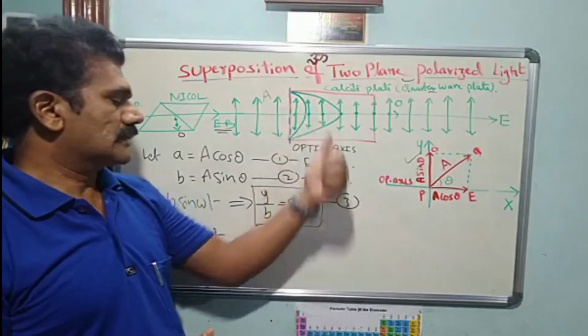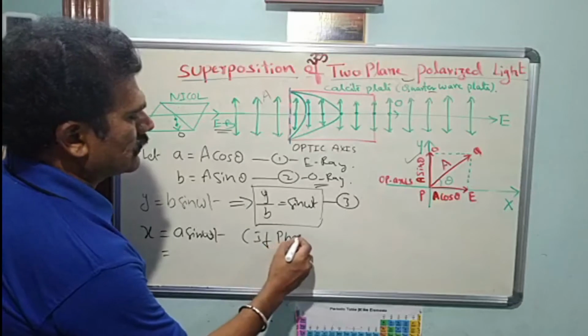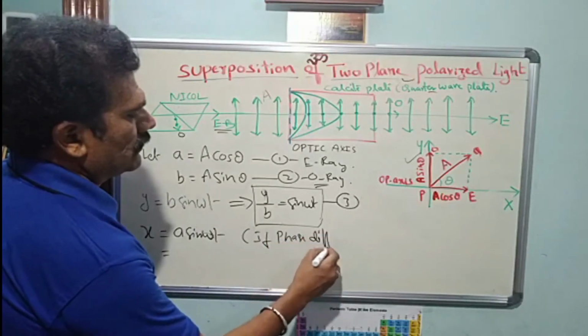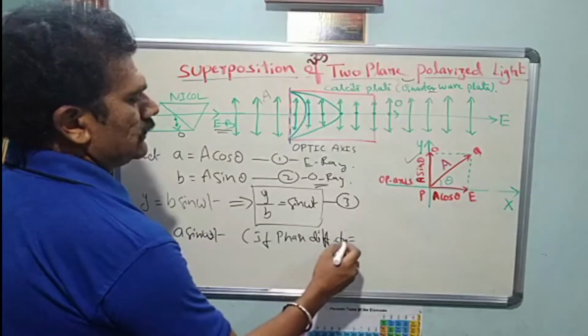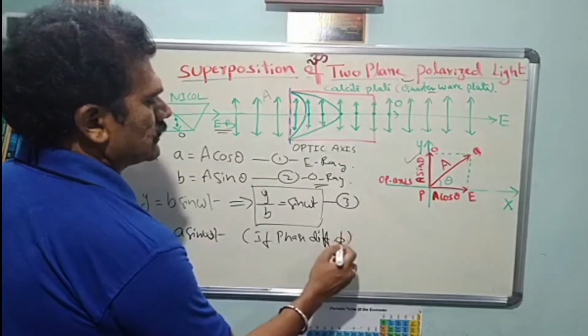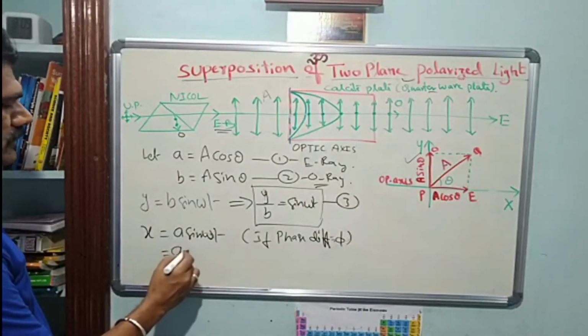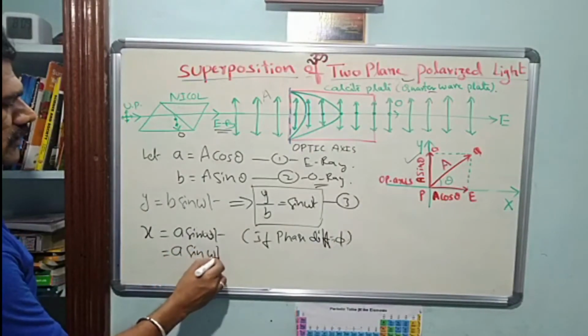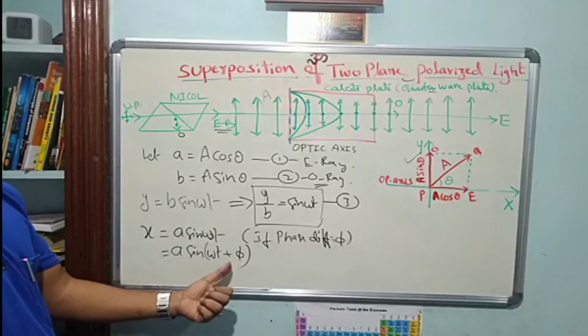Let us consider the phase difference, which is very important. If the phase difference is phi, then the equation is a sin of omega t plus phi. So you have to add the additional phase here.